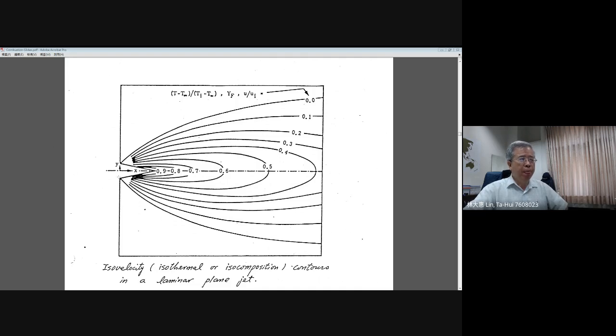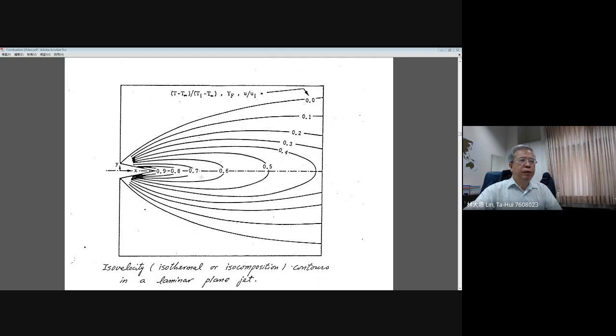Okay, they tell you if you have a uniform velocity profile and a uniform temperature, uniform concentration profile, and this jet impinges out, originally you may have a potential cone here that remains with all the quantities the same as the condition at the exit plane, but later on they will expand. Okay, the axial properties will convert to the radial directions, then the size of your jet will expand.